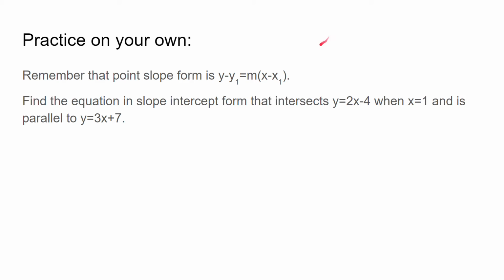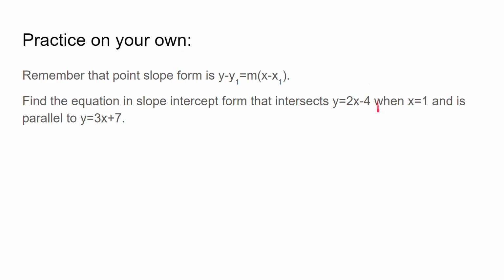Find the equation in slope-intercept form that intersects y equals 2x minus 4 when x is 1, and is parallel to y equals 3x plus 7. This one is kind of a trick question, because y equals 2x minus 4 doesn't really matter.